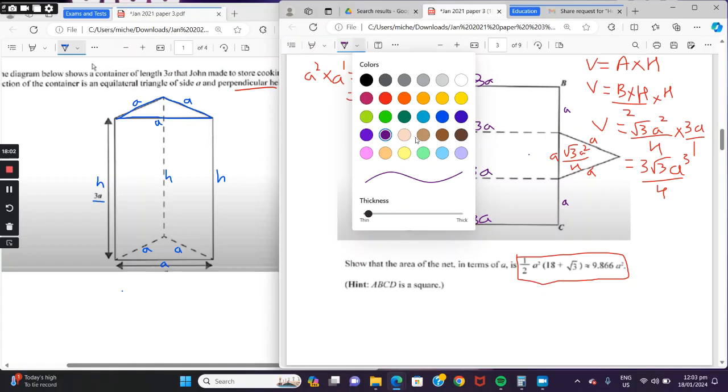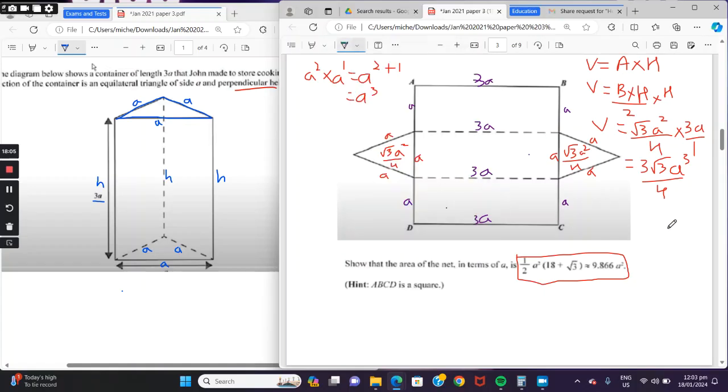All right, so we need to find the area of this. The area of a rectangle is length by width, or length by breadth, whichever one you choose. We find the area of one and then whatever answer we get, we multiply by 3.